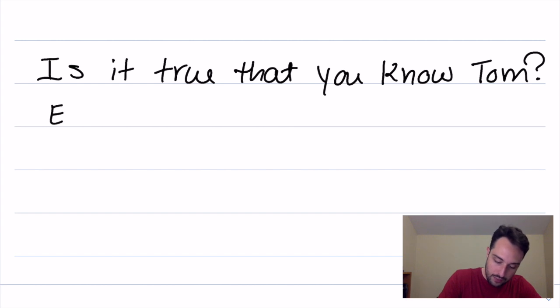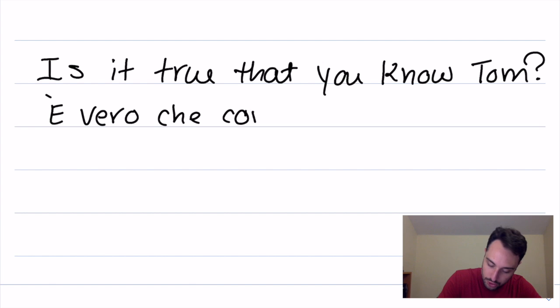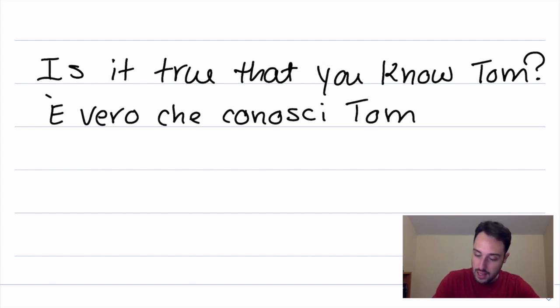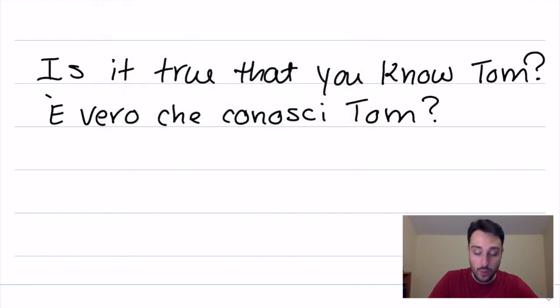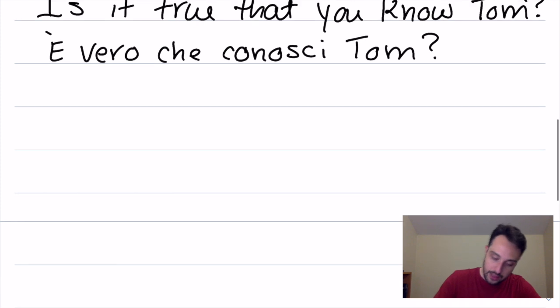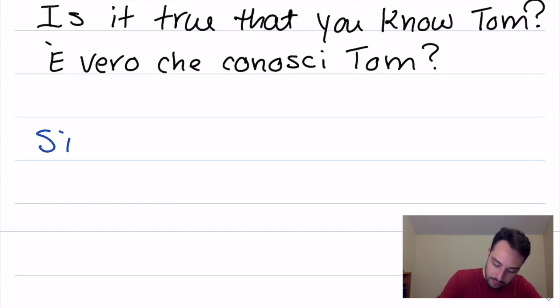This would be, è vero che conosci Tom. È vero che conosci Tom? Is it true that you know Tom? Now, what happens if you wanted to respond by saying, yes, I know him? We would respond by saying the following. Sì, lo conosco.